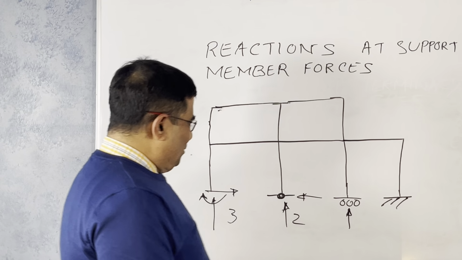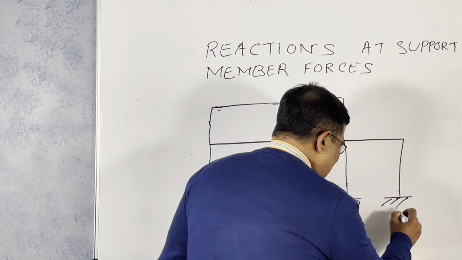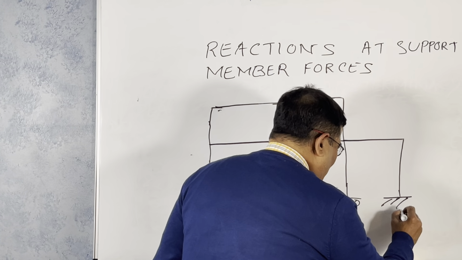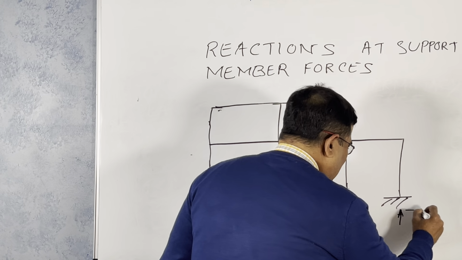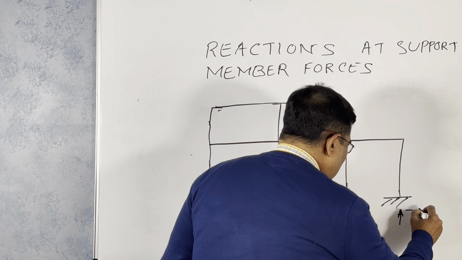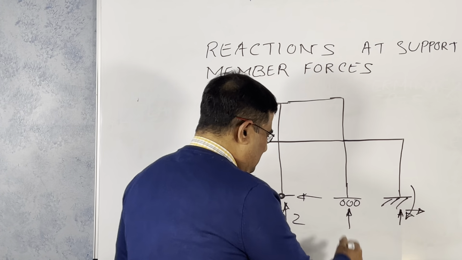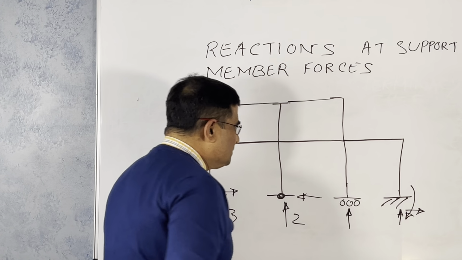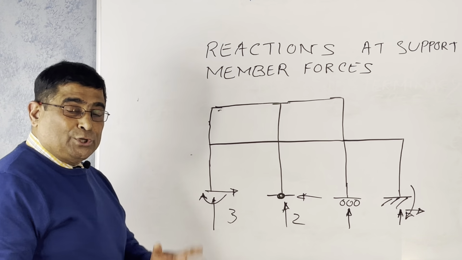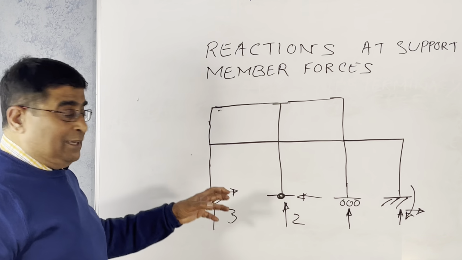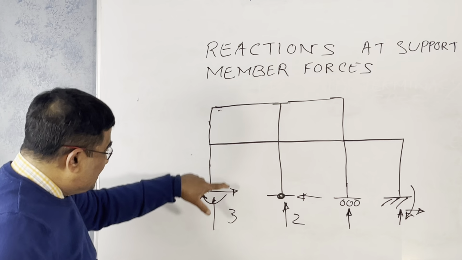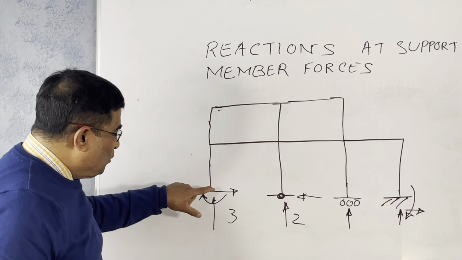Okay? So what will you do? See, here you know there will be 3 because it's a fix. This direction doesn't matter. This is roller. Now, I told you earlier that you have to cut it in such a way that there must be one support.